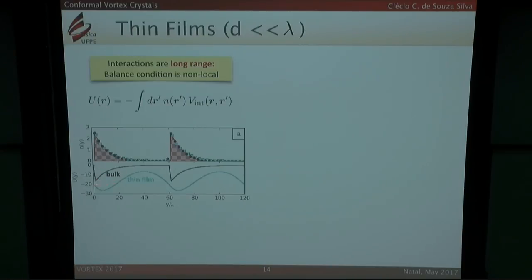But for a thin film, the potential is completely different. This means that, for instance, if you try to accommodate vortices with a conformal pinning array in the bulk, this would be a stable configuration. But in a thin film, it would not be stable, it would be metastable.